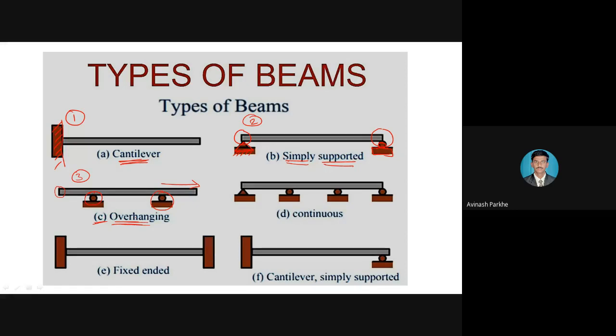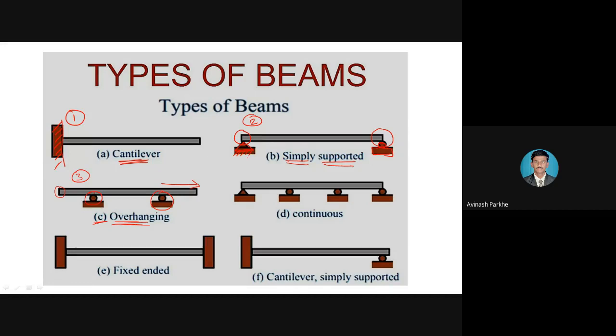If you compare the simply supported beam and the overhanging beam to each other, in simply supported also two supports are there, in overhanging also two supports are there, but in a simply supported beam the supports are given at the end portions only.